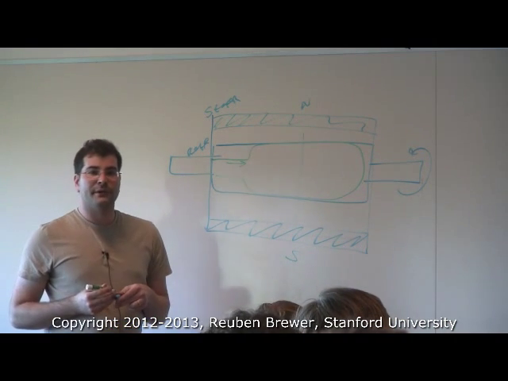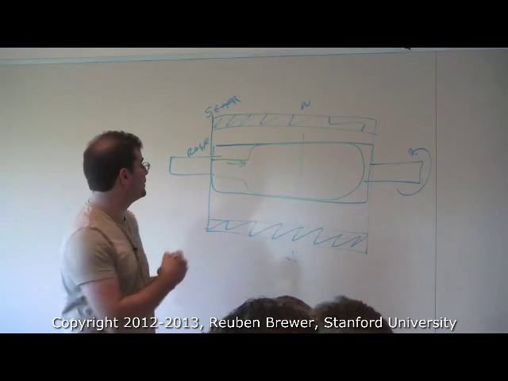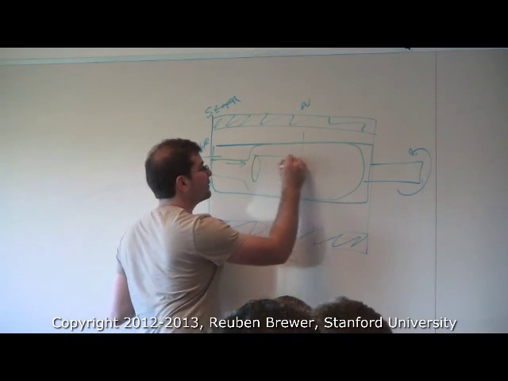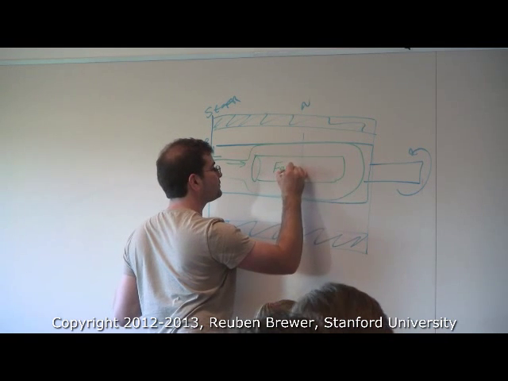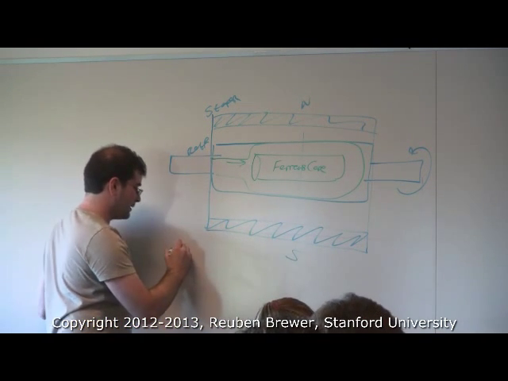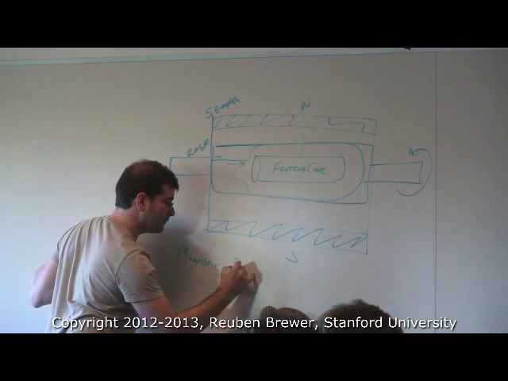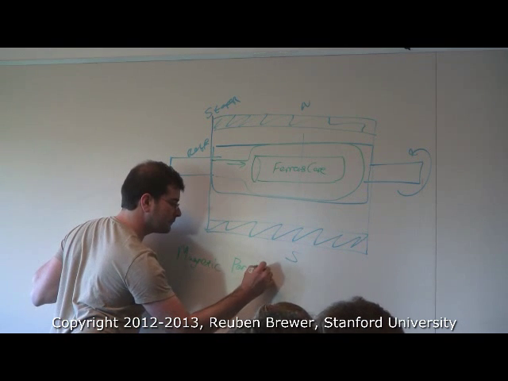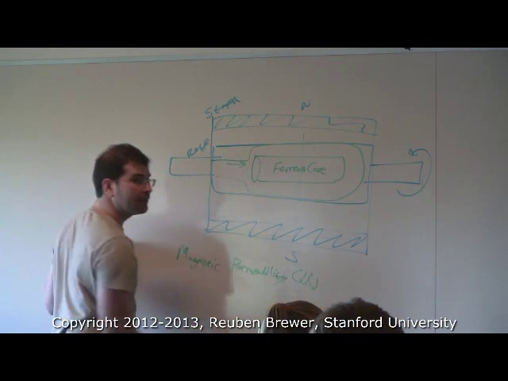Electromagnetic fields hate going through air. They just don't like it. So what you do is you fill this space with a ferrous core. This is a ferrous core. Anyone ever heard of magnetic permeability? I think they normally call it mu.